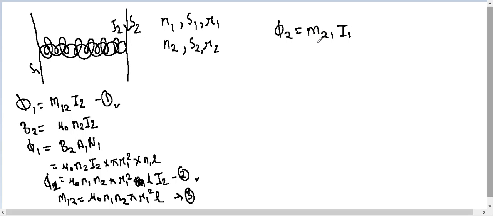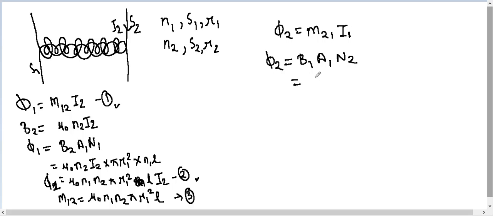The magnetic flux due to S1 is confined solely inside S1 as the solenoids are assumed to be very long. There is no magnetic flux outside S1 due to the current in S1. Therefore, the magnetic flux linked with S2 is given by phi 2, which is equal to B1 into A1 and not A2, and then N2.